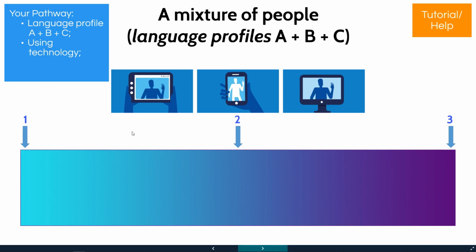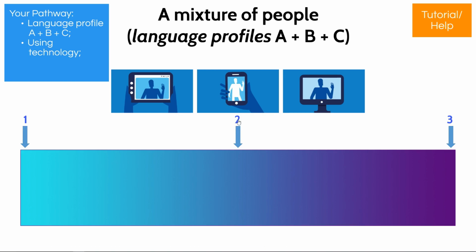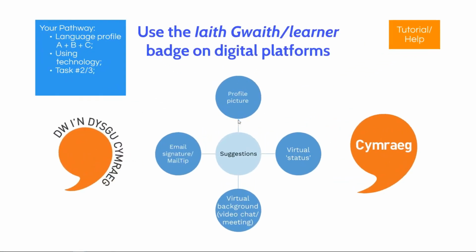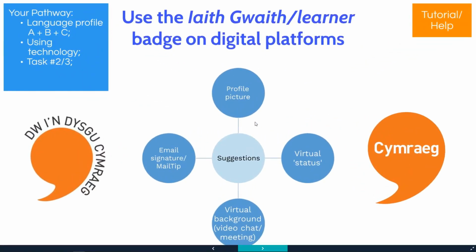I think that I'm going to choose the second task as an example for this tutorial, so I'm just going to click on it in order to move forward along the pathway. And here is the task, which is make use of the Gwaith or the Learner Gwaith badge on your digital platforms.